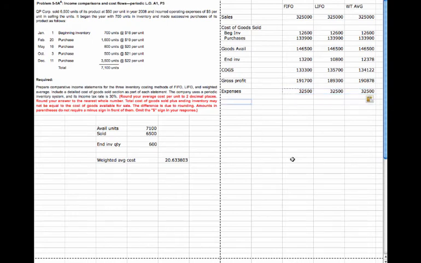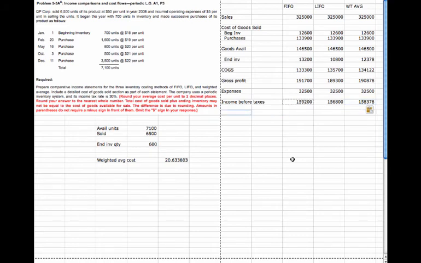If I subtract out my expenses from my gross profit, I'm going to have income before taxes. And I can copy that also to my LIFO column and my weighted average column.